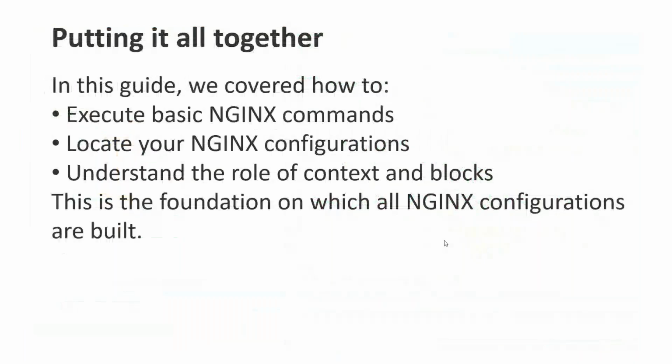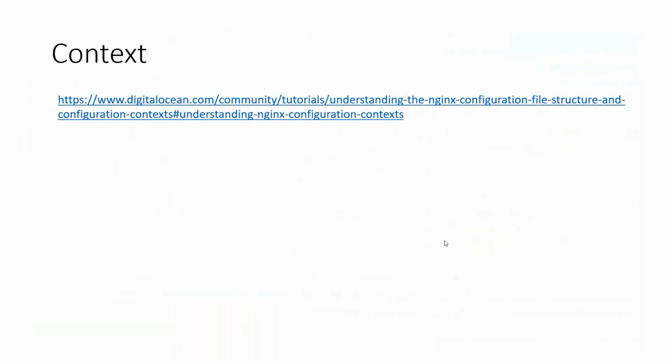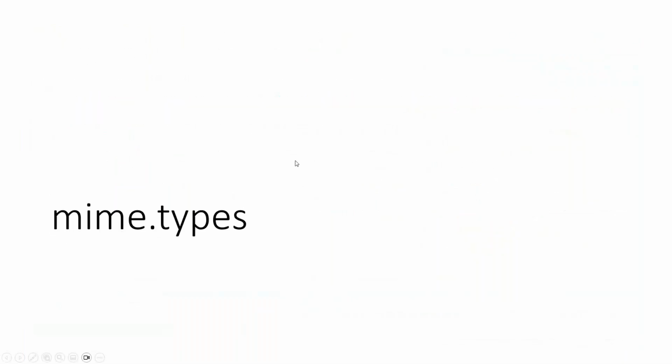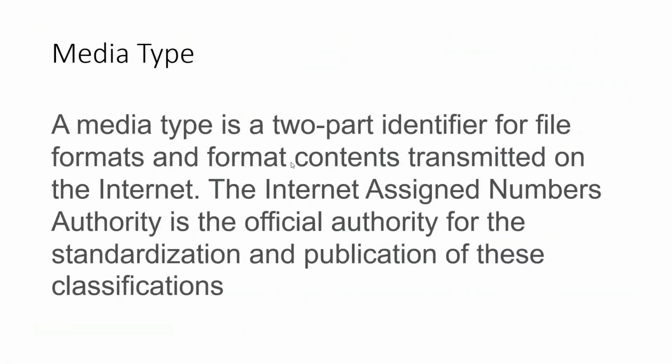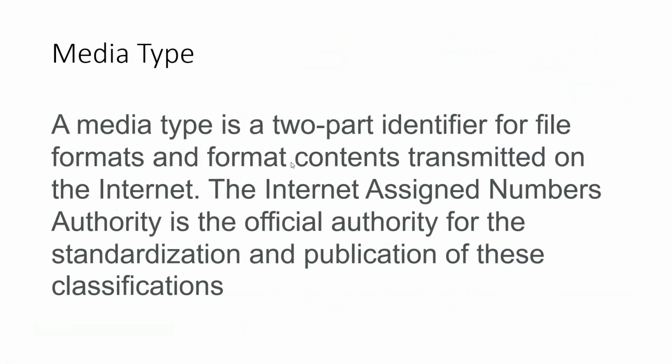Okay, so now I want some of the directives to be discussed. You will find one type which is called mime types. So mime types is very important. This allows your web server to understand the media type.